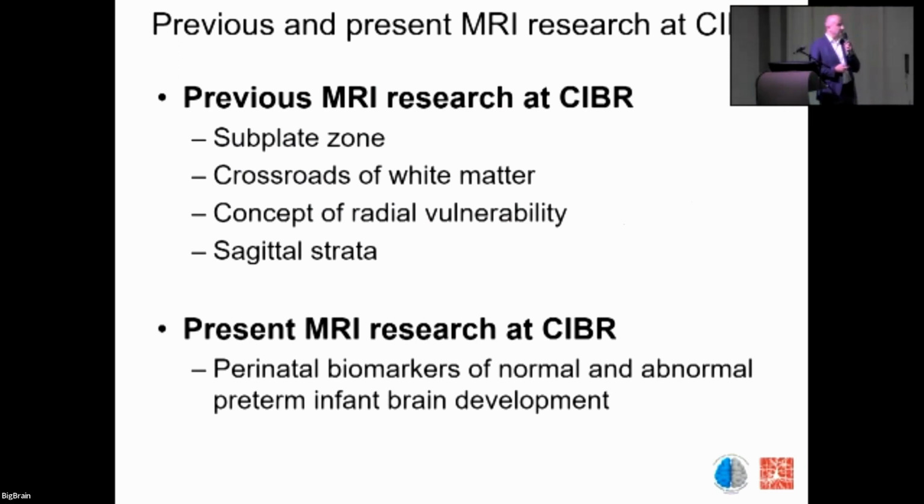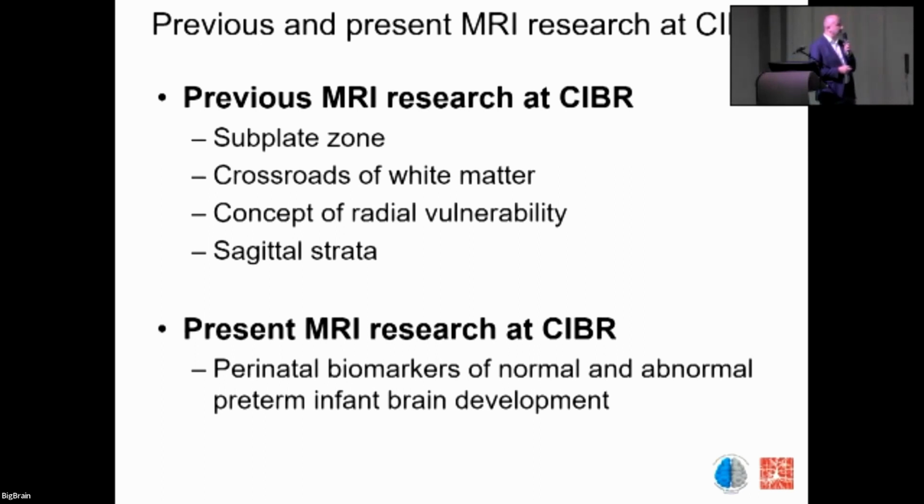And if you want to understand perinatal brain development, then we believe the main structures are actually transient fetal structures, like subplate zone, like crossroads of white matter, and sagittal strata. So these are zones which are some kind of focus of our scientific interest.